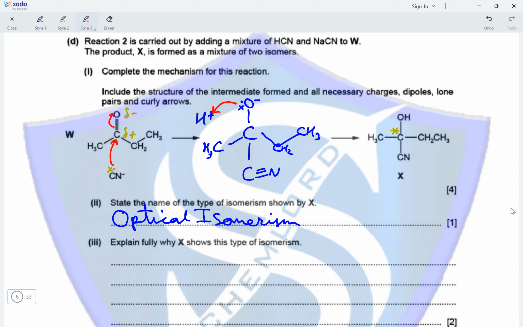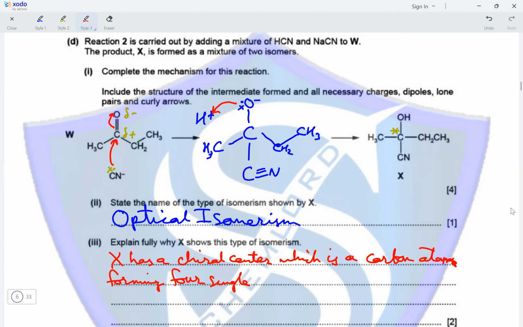Explain fully why X shows this type of isomerism. X has a chiral center, which is a carbon atom forming four single bonds with four different atoms or groups of atoms.